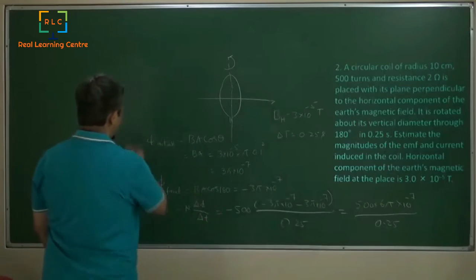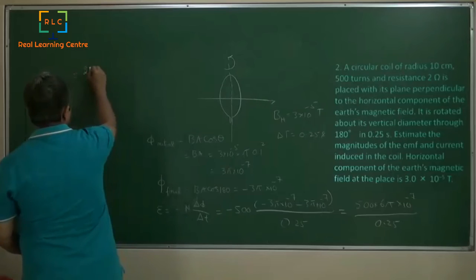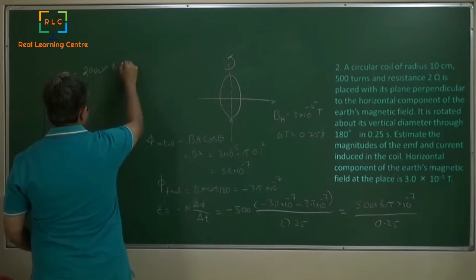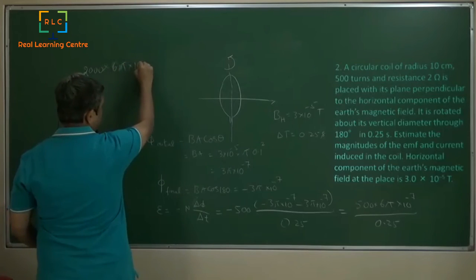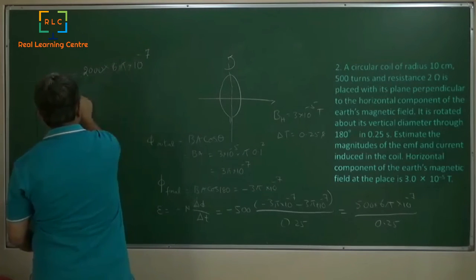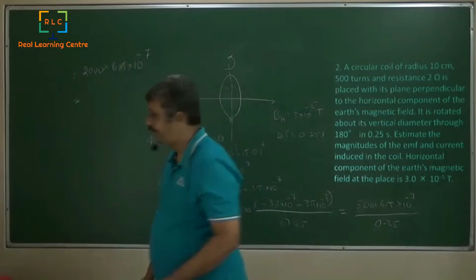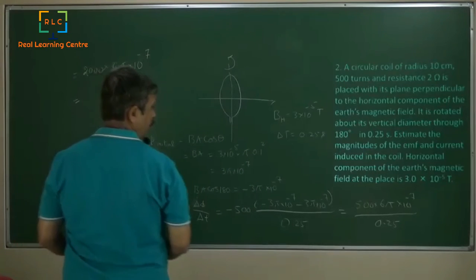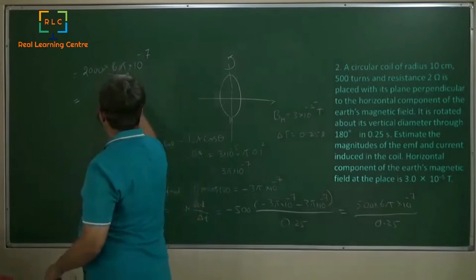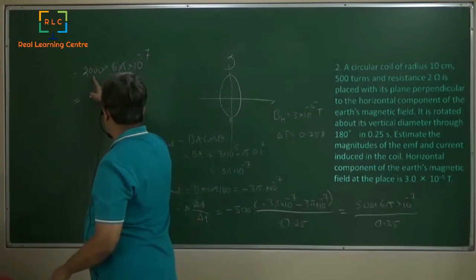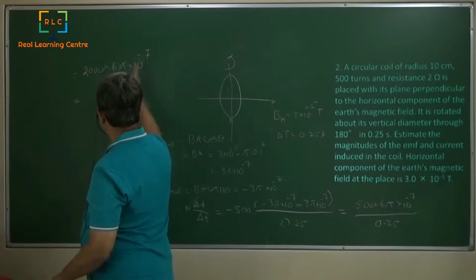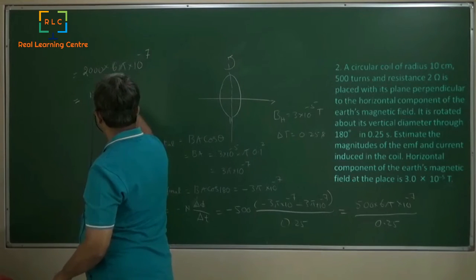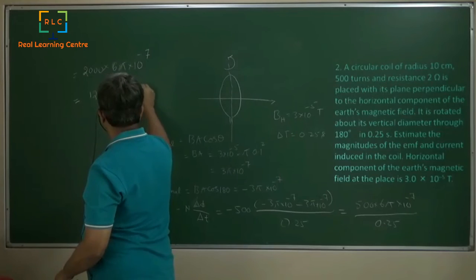I will write it as, here I am going to continue, is equal to 2000 into 6 pi into 10 power minus 7, which is also equal to 10 power minus 7 into 2000. 3 zeros I will take it here and make it 4. So 2 into 6 is 12, 12 pi into 10 power minus 4 volts.